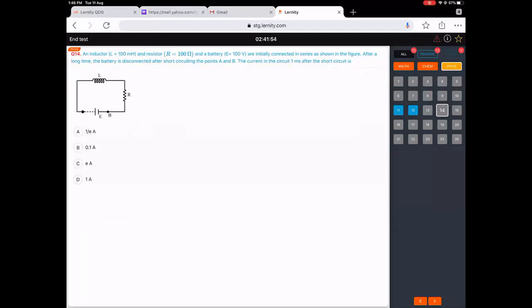So there is an inductor, resistor and battery, initially connected in series as shown. After a long time, the battery is disconnected. After short circuiting the points A and B, find the current in the circuit 1 millisecond after the short circuit. Okay, so what you have to do is first understand what is the thing here. So here you have an RL circuit.